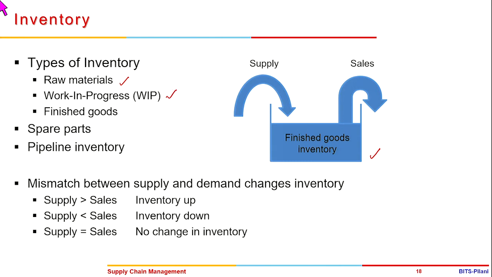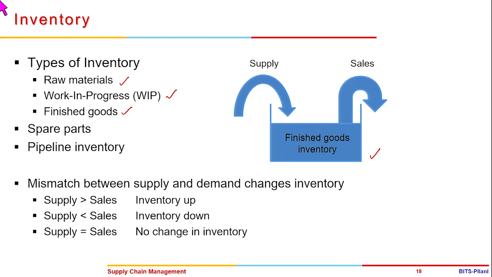Third type of inventory is where all operations on the material have been done, it has been made into a final product and that is ready to be shipped to the customer or to the retailers. This is called finished goods inventory.